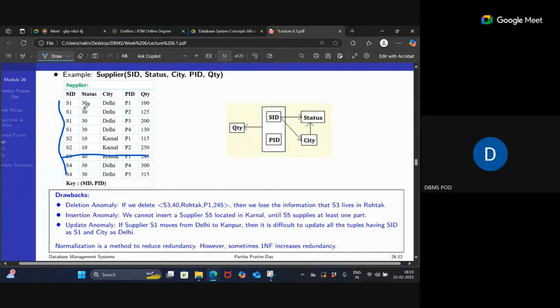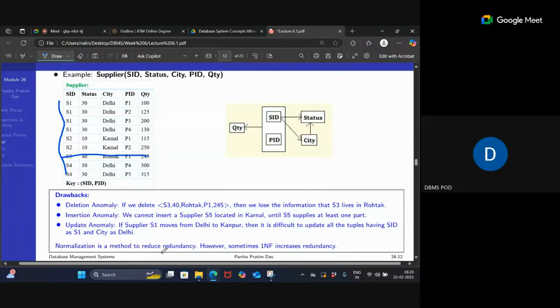Wherever supplier S1 is there, we have to update from Delhi to Kanpur. If we miss anywhere, this will lead to anomaly. So 1NF has insertion, deletion, and update anomalies.